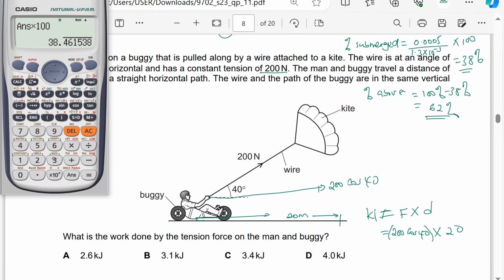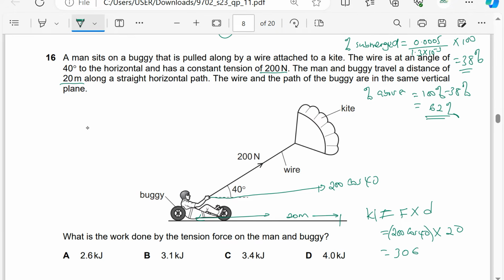So this is 200 cos 40, then times 20. This gives me 3064 joules, which is 3.1 kilojoules. So the answer is going to be B.